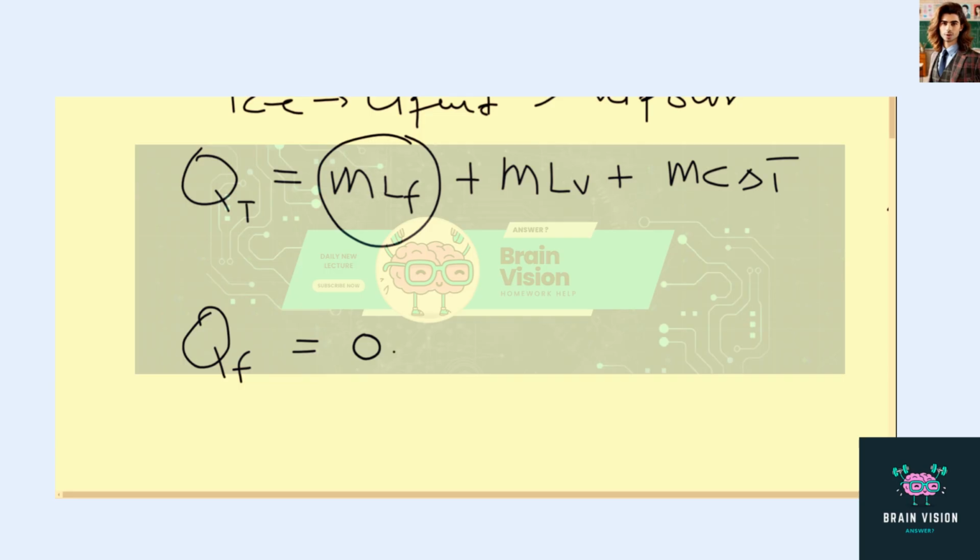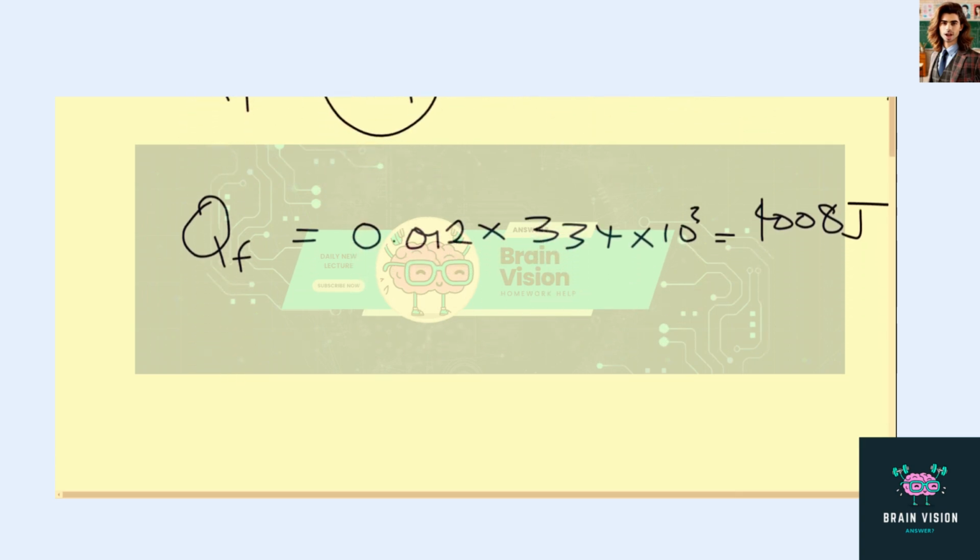When you convert to kilograms, we have 0.012 kilograms multiplied by the latent heat of fusion of water, which is 334 times 10 to the power 3. When you solve, this should give you 4008 joules.